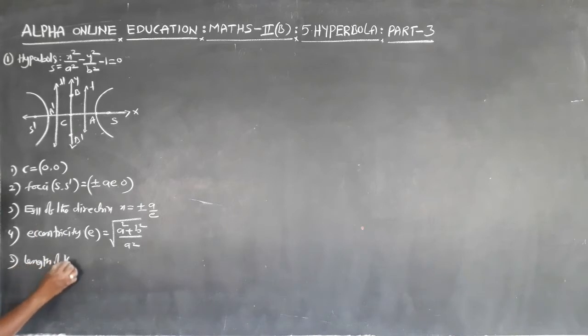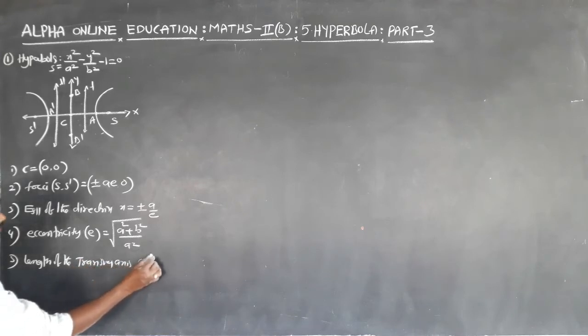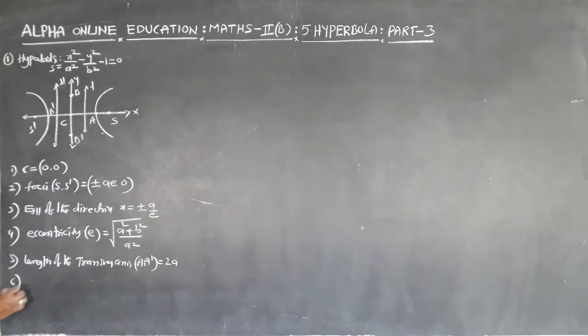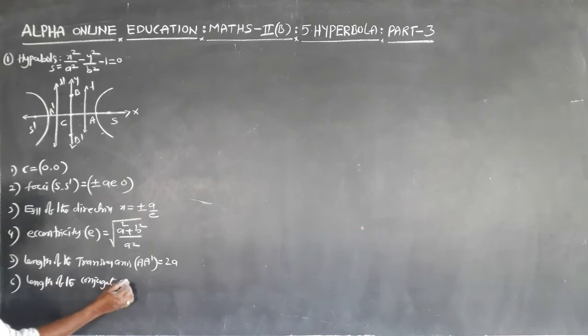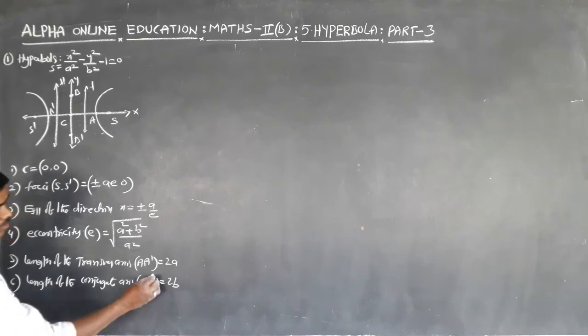Length of the transverse axis is 2a. Next one is length of the conjugate axis. Length of the conjugate axis, b dash, is equal to 2b.